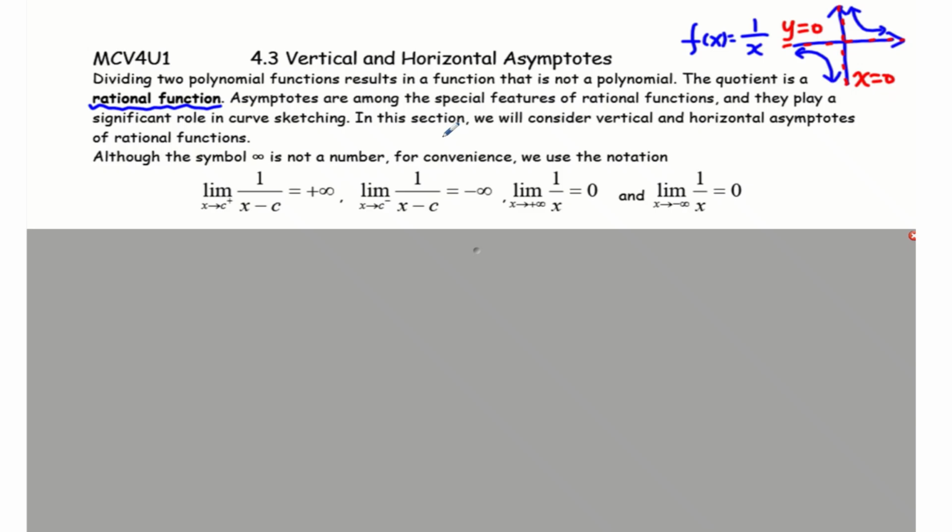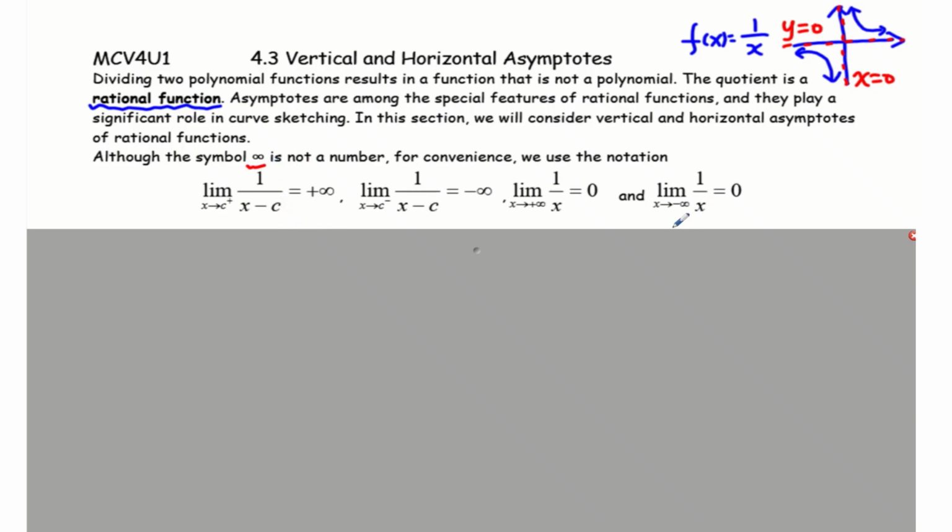So when we do the asymptotes, we want to introduce one symbol, infinity. This is not a number, but we use it for the notation of infinity in limits.